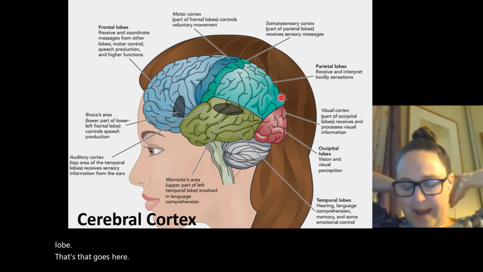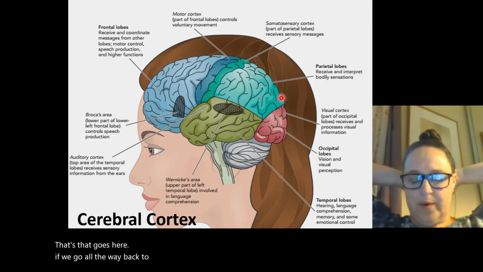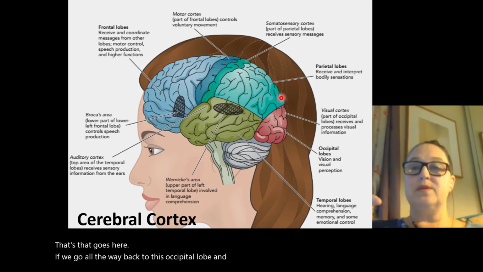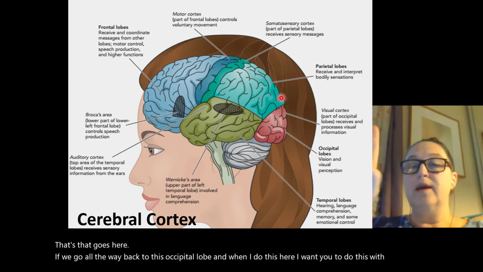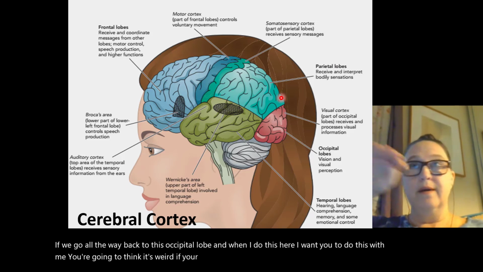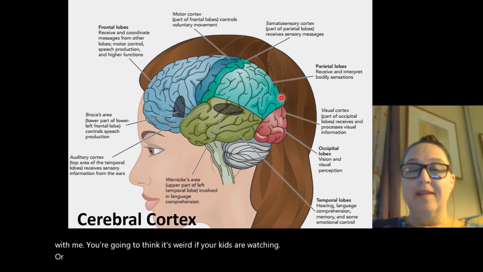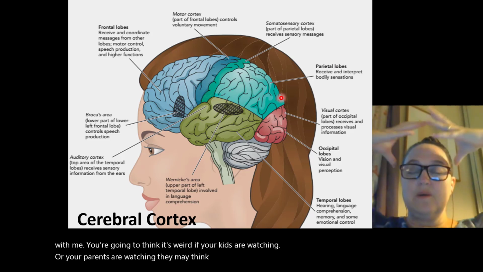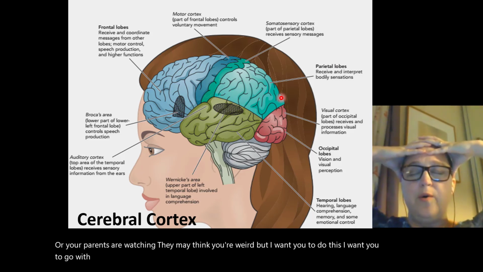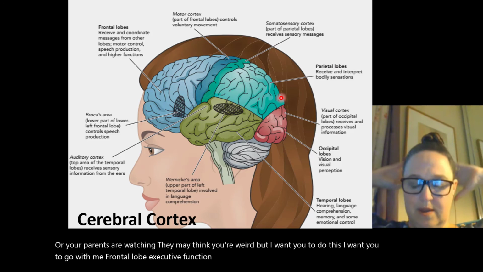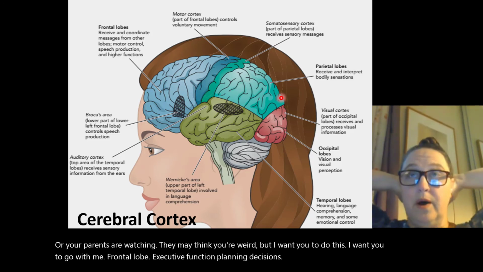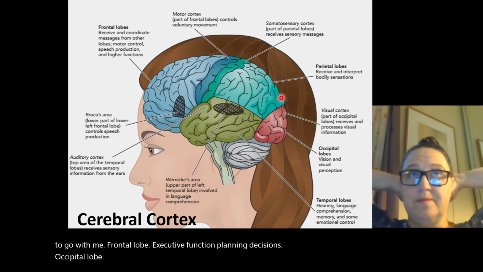If we go all the way back to this occipital lobe, and when I do this here, I want you to do this with me. You're going to think it's weird. If your kids are watching or your parents are watching, they may think you're weird, but I want you to go with me. Frontal lobe, executive function, planning, decisions. Occipital lobe, vision.